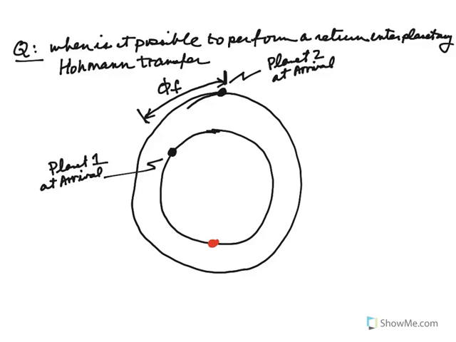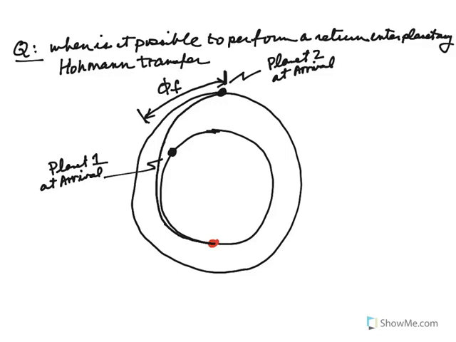The return transfer is also an elliptic transfer orbit that takes us from the second orbit, or the orbit of planet 2, back to the orbit of planet 1.